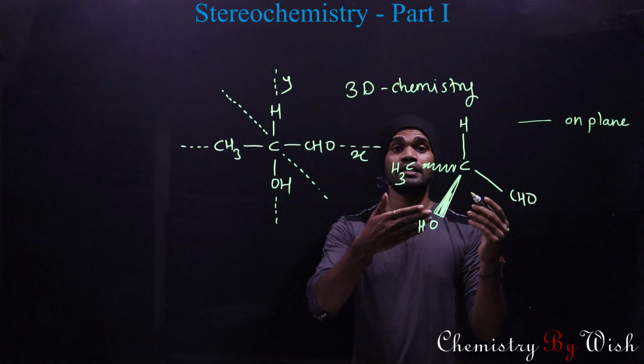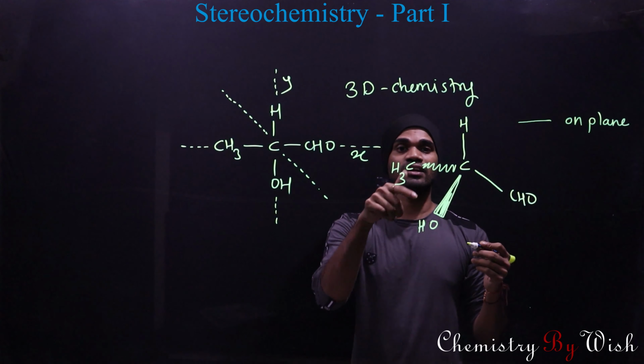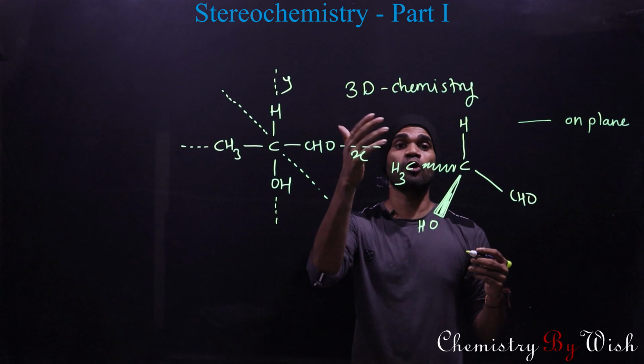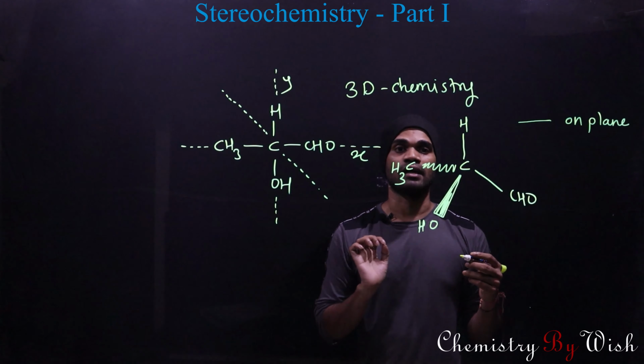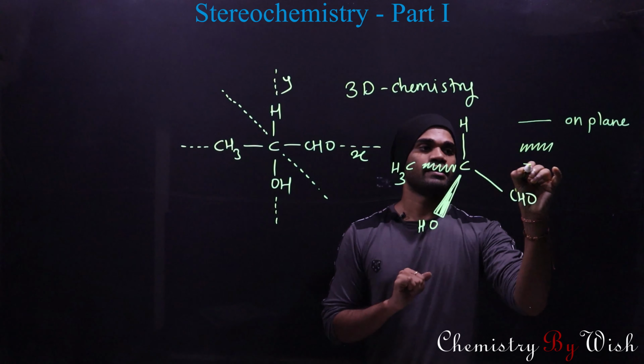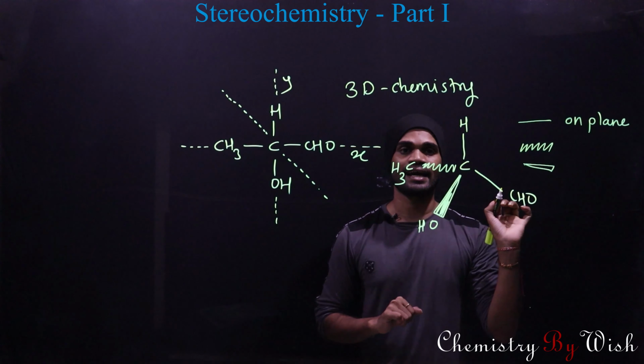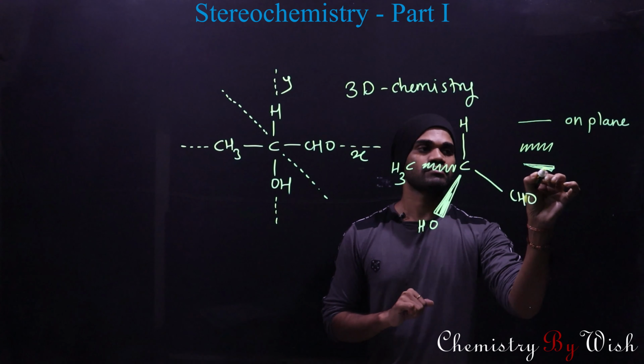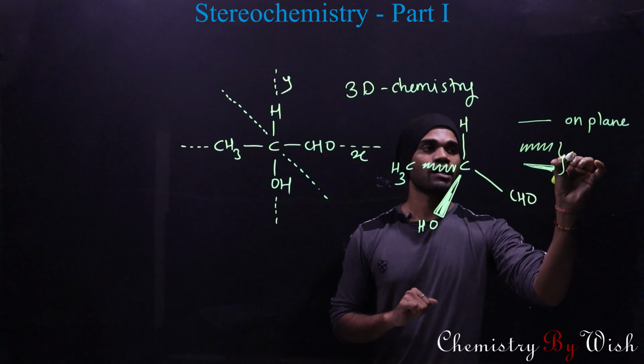This OH is in front of me, and this CH3 is present behind the observer, which means it is toward you. So these two lines, this one is called a dotted line and this one is called a wedge line. These two lines are out of plane.